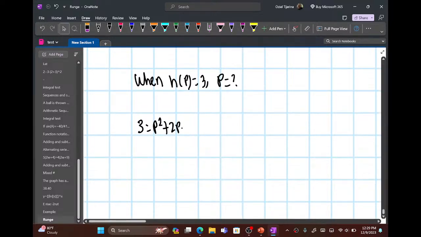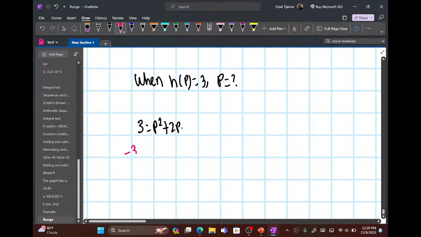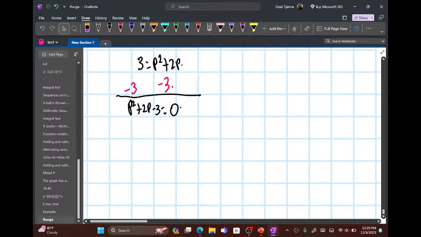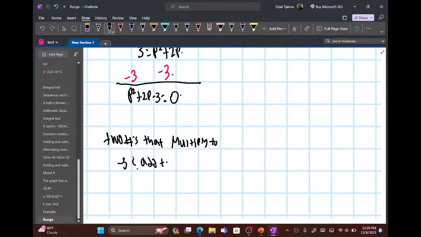Now, if you guys remember, you need to subtract the 3. Otherwise, it's going to be wrong. You can also do it by completing the square, but I don't recommend that right now. So we're going to subtract 3. Get p squared plus 2p minus 3 equals 0. We want two numbers that multiply to -3 and add to 2.